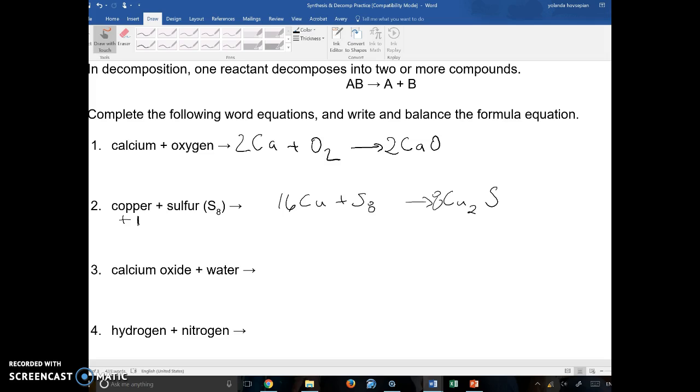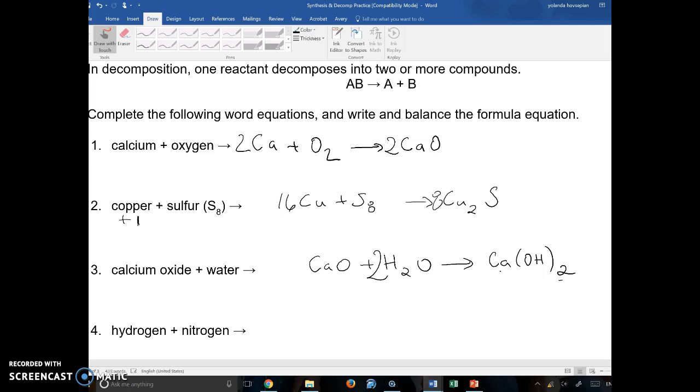Okay? Calcium oxide and water. Calcium oxide, you have water. What do you get? Well, you know you're going to get something with calcium. It can't be oxide. So the only other thing that's possible here between the hydrogen and oxygen is calcium hydroxide. So you put a 2 here because calcium is 2+. So then you're going to go ahead and balance.